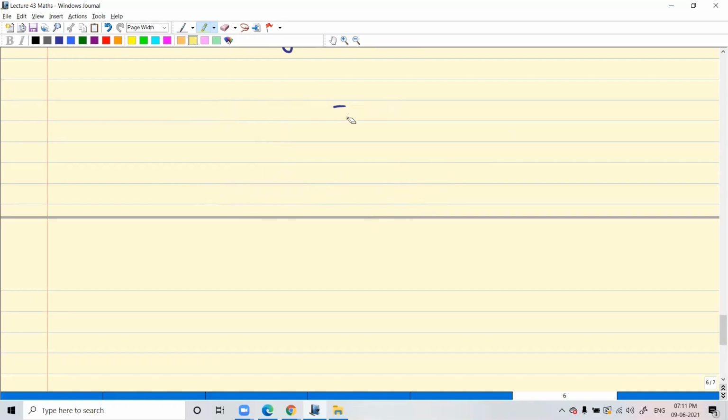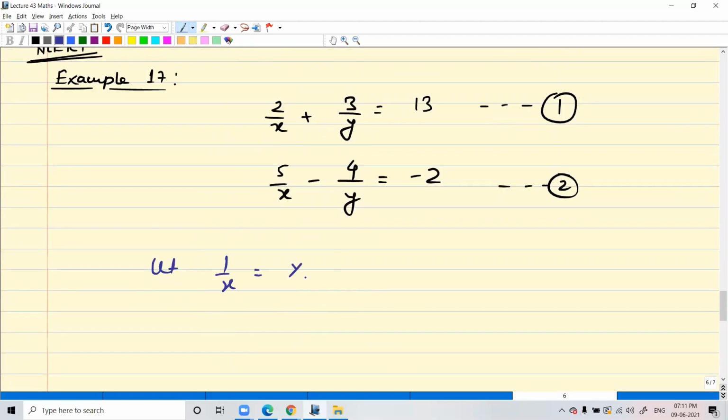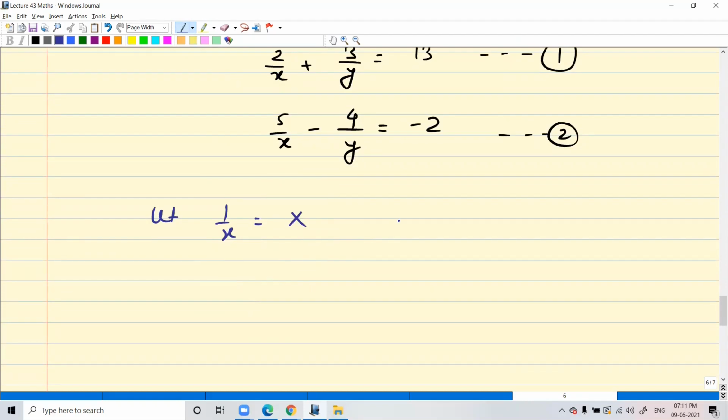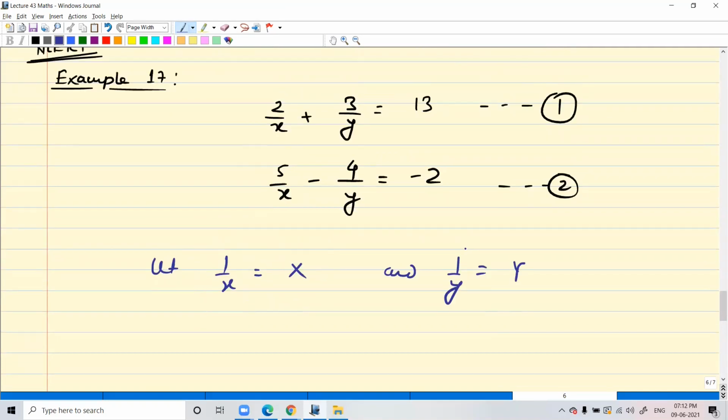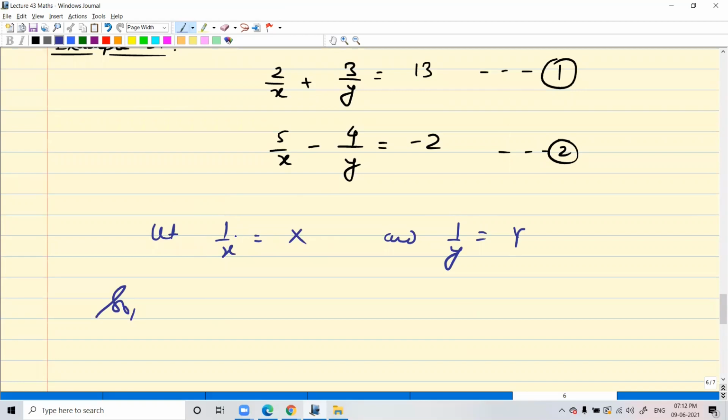So we use a special approach for that. It's very simple, small. Let 1 by x is equal to capital X and 1 by small y is equal to capital Y. So I change these variables, okay? Now see how I'm going to write my first and second equation now. So my first equation was 2 by x, right? What does it mean?